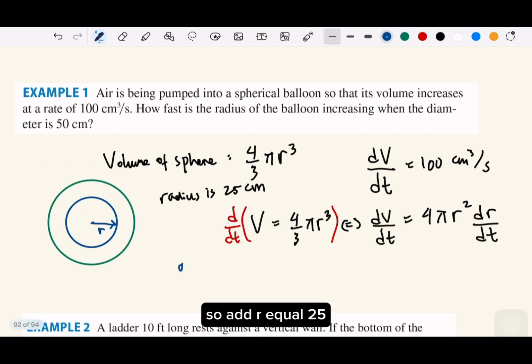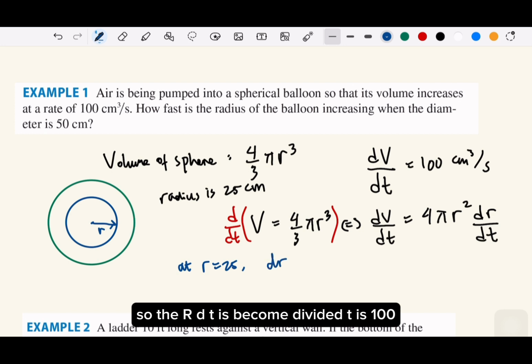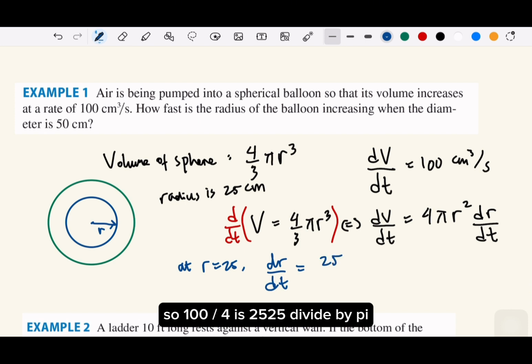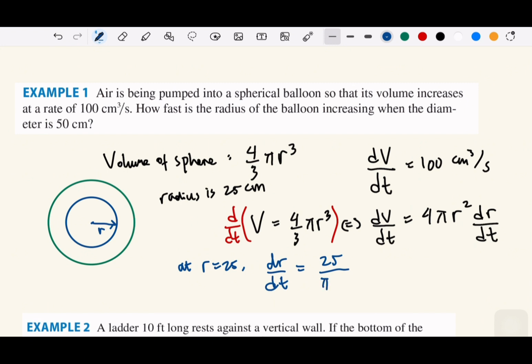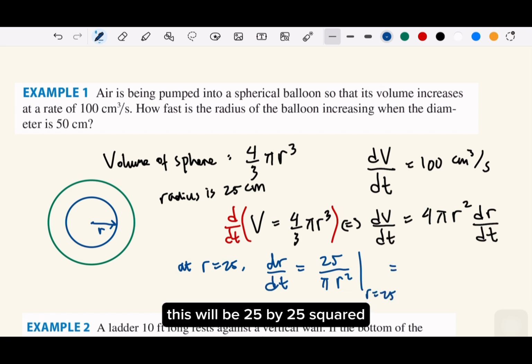So at r equals 25, dV/dt is 100. So dr/dt is 100 divided by 4 pi r squared. 100 divided by 4 is 25, so 25 divided by pi r squared. At r equals 25, this will be 25 over pi times 25 squared.